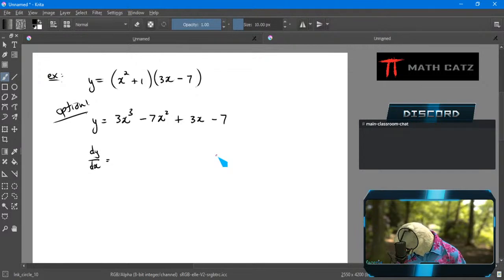Some difference property is going to happen first. Then that's going to allow me to isolate each term. Within that term, I know that the constant times a function keeps the 3 in front. Then eventually I'll be able to use the power rule. That exponent's going to come in front as well and multiply with the 3 to give me a 9. The new power of x is going to be 1 less.